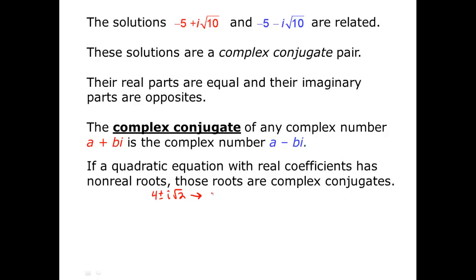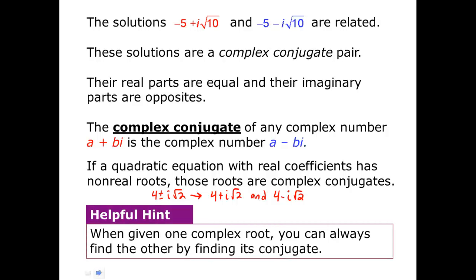So those complex conjugates, 4 plus i root 2 and 4 minus i root 2. The only difference in the two expressions, one is plus in the middle, one is minus in the middle. Those are complex conjugates. A little helpful hint, when given one complex root, you can always find the other because it's a conjugate.